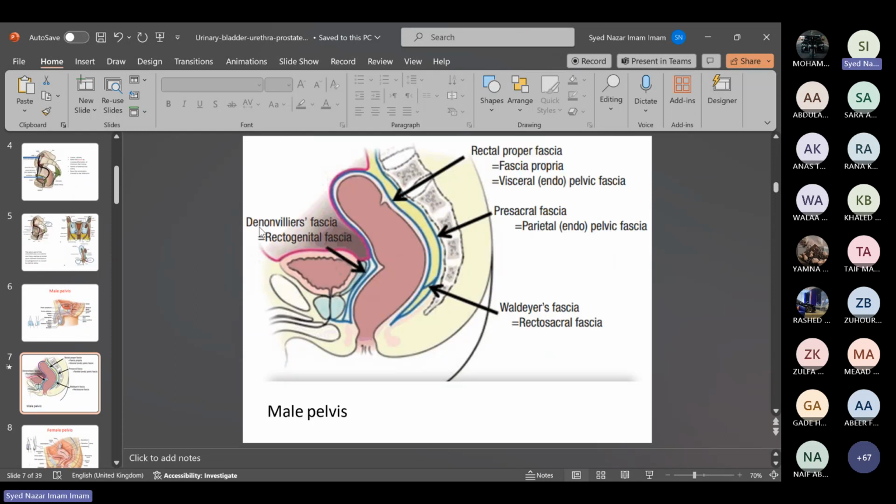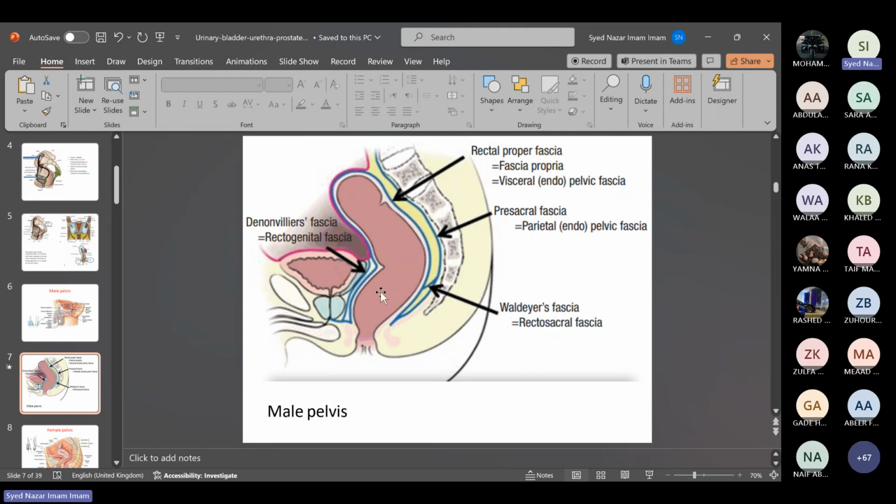Now, there is one important structure that today you have learned about, benign prostatic hypertrophy. In the male, this structure is lying below the urinary bladder. You have also learned about the digital rectal examination, where you can palpate the prostate.